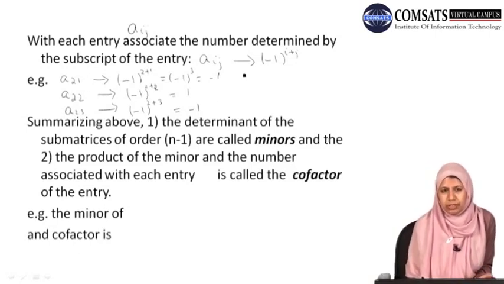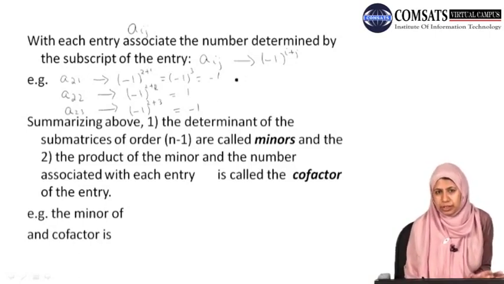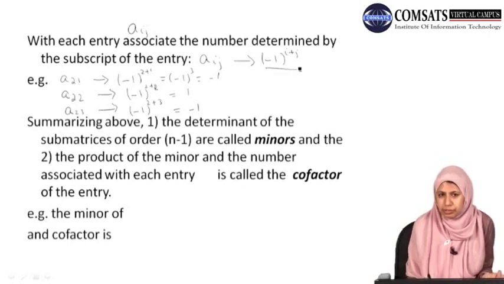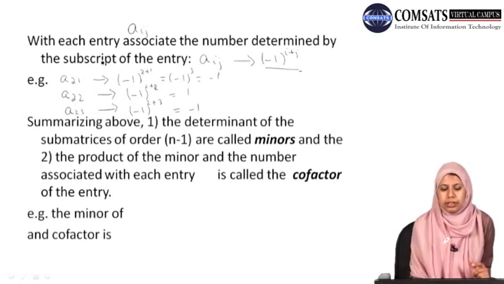So with each entry, we have associated a submatrix and a number determined by this formula, and the number is either -1 or 1. That is, whenever the sum of subscripts is odd, the number will be -1.